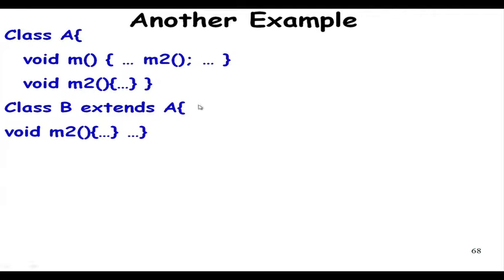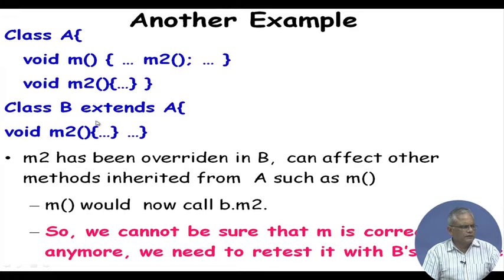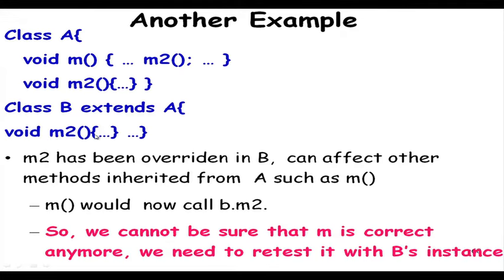There is another example here. We have a class A which has two methods m1 and m2, and m calls the m2 method, and class B which extends A overrides the method m2. So, now when m is called in the context of class B, due to dynamic binding, the m2 of class B will be called.